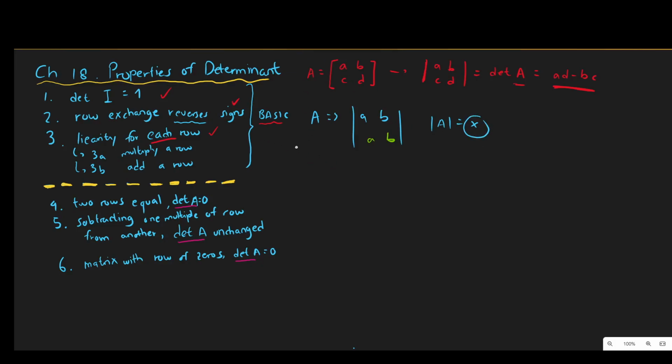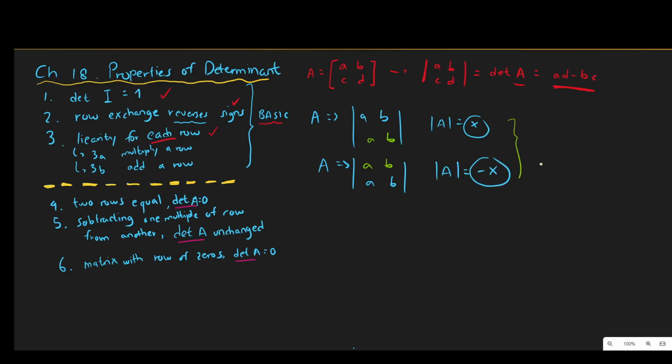And let's use property 2. Let's say I exchange those rows. The second row moves to the first and the first moves to the second row, but in the end they still contain a b, so it is still the matrix A. But based on property number 2, the determinant should be minus x.